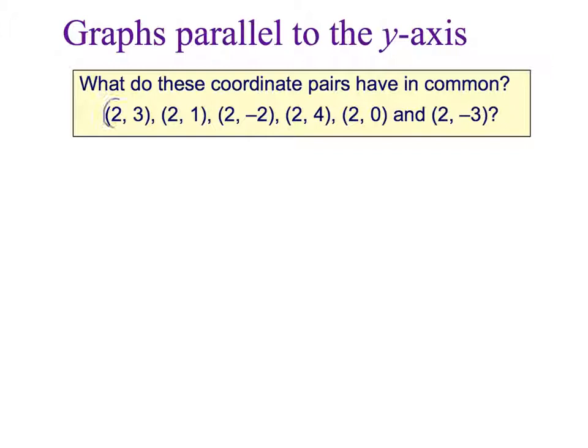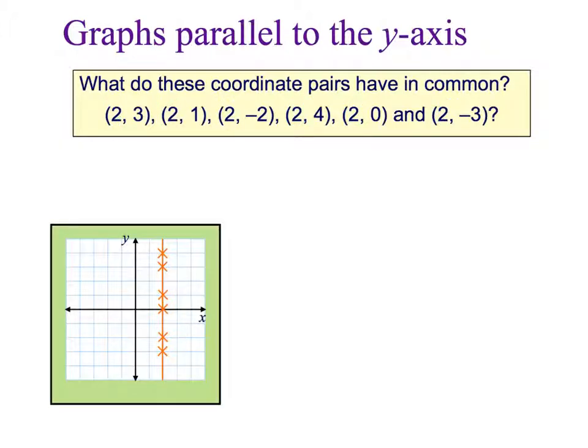In this case, the x part of every coordinate is 2. If we plot these, they form a vertical line parallel to the y-axis. And with every coordinate, x being 2, the line on this graph is called x equals 2.